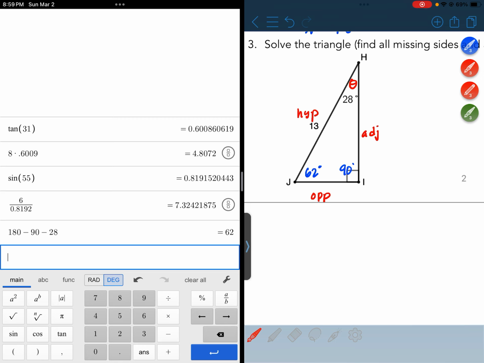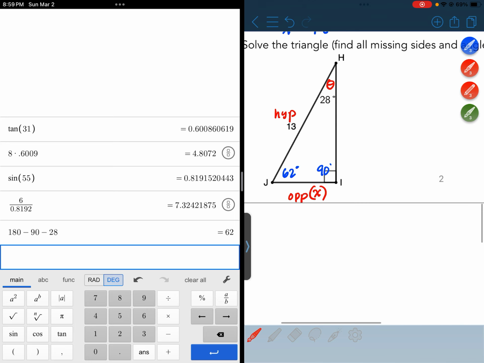Let's put an x on the opposite side, since I want to solve for that one. Which means I don't really care about the adjacent side. I only care about finding the opposite side, and I already know the hypotenuse. So which ratio compares the opposite to hypotenuse? That would be the sine ratio.